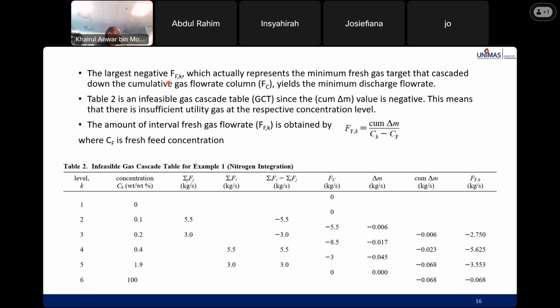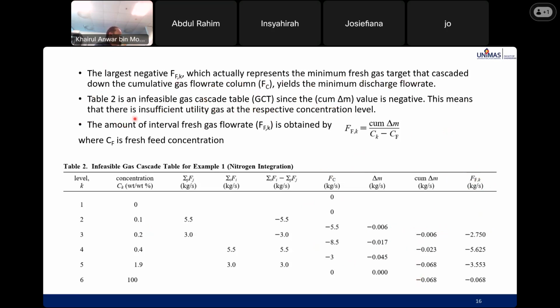The largest negative FFK, the last column, actually represents the minimum fresh gas target. Cascaded down the cumulative gas flow rate column FC, this column, it yields the minimum discharge flow rate. Table 2 is an invisible gas cascade table, since the cumulative delta M, see here, is negative.